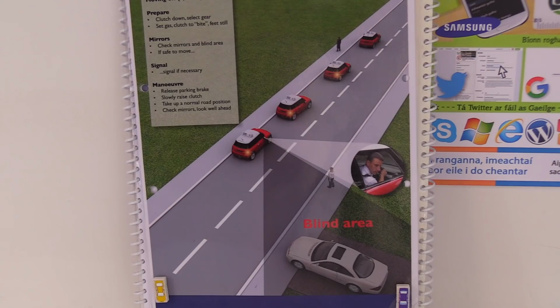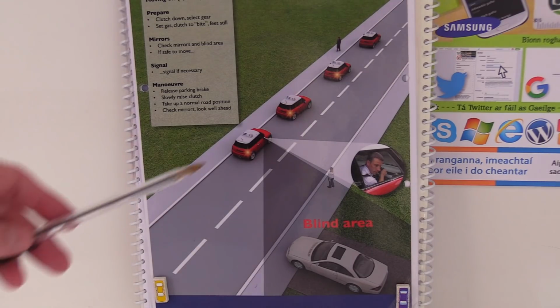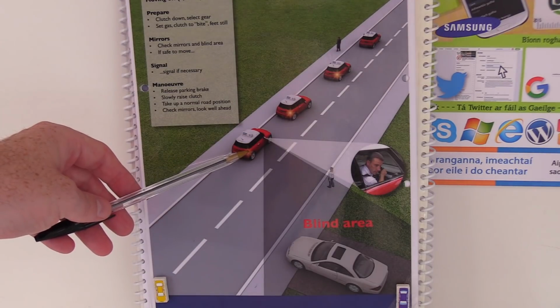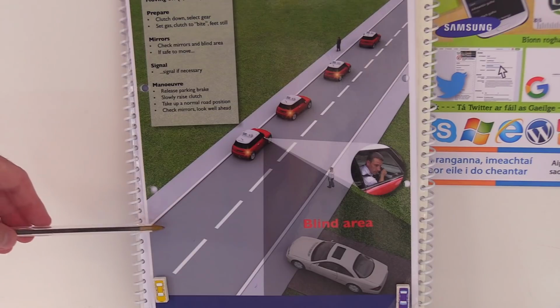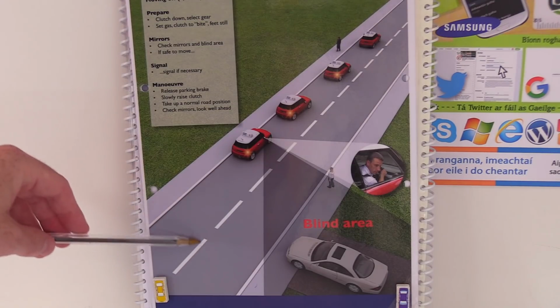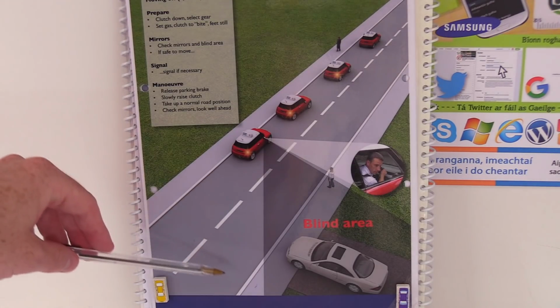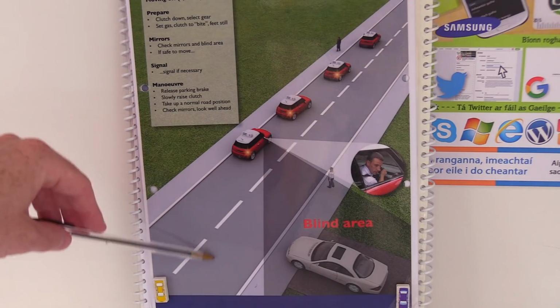So this picture perfectly illustrates how important it is to check the blind spot moving off, because this candidate had 2 marks on their observation moving off. The driver of the red car, if he checks his left mirror, he'll see perfectly fine down here. If he checks his middle mirror, he'll see perfectly fine directly behind him. And the right side mirror, he'll see all this here.